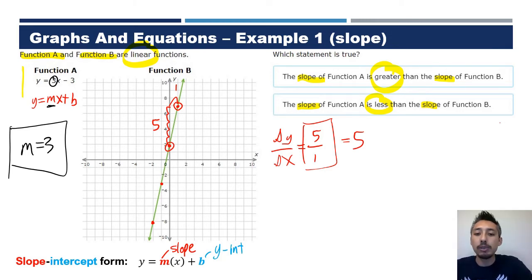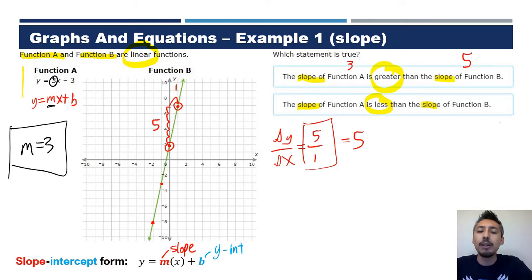Let's look at the question one more time. Option 1 says the slope of function a is greater than the slope of function b. Well, let's see if that's true. The slope of function a, well, that's just 3. So the slope of function a, 3, is greater than the slope of function b, which is 5. Okay, so is 3 greater than 5?